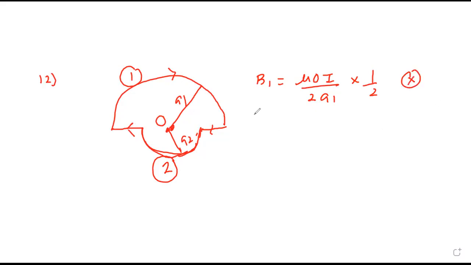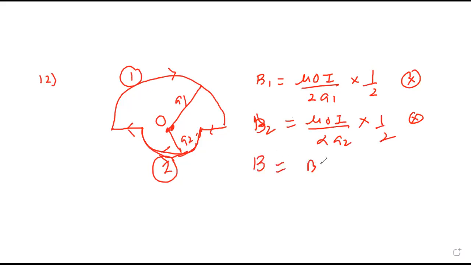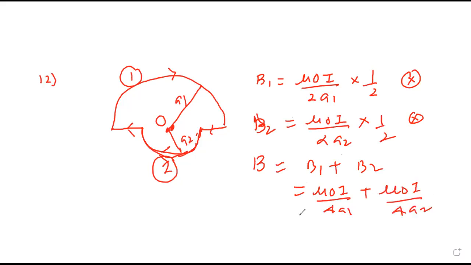For B2, also clockwise. So mu naught I upon 2 times A2 into half, clockwise. So will the result be add or subtract? Add, because both are in the same direction. So mu naught I upon 4A1 plus mu naught I upon 4A2.